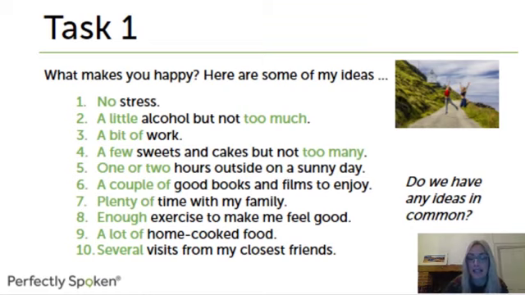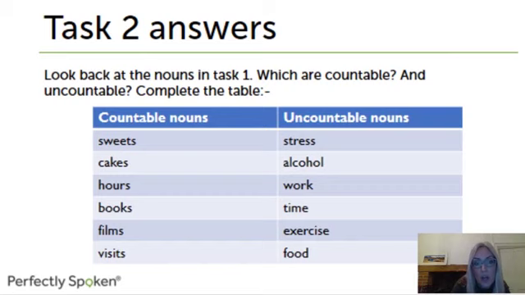It's uncountable, yes? Do you remember? We can't say alcohols. It's a kind of group meaning, isn't it? Alcohol, meaning beer, wine, gin, all sorts of different things. So it's uncountable.